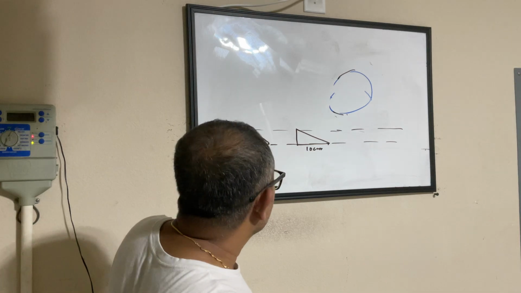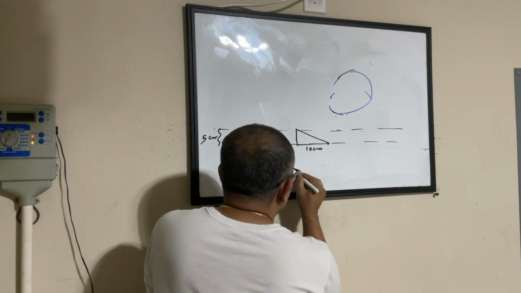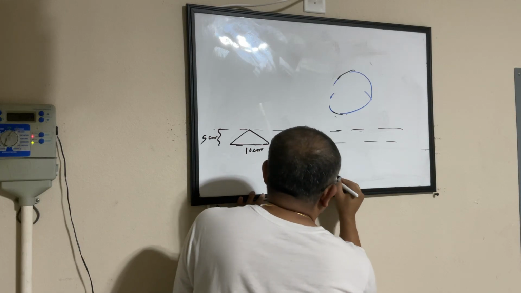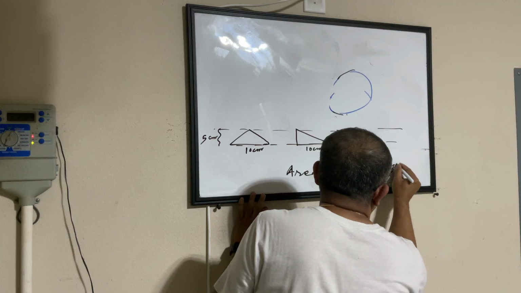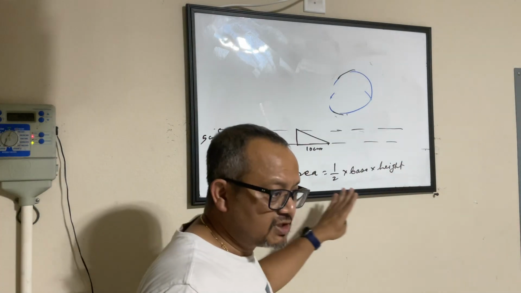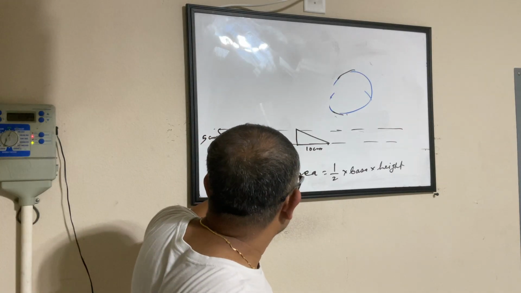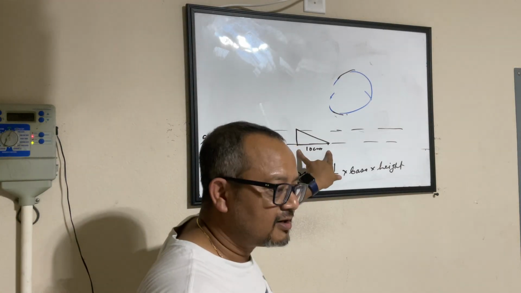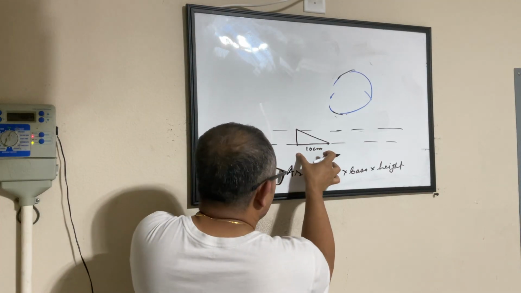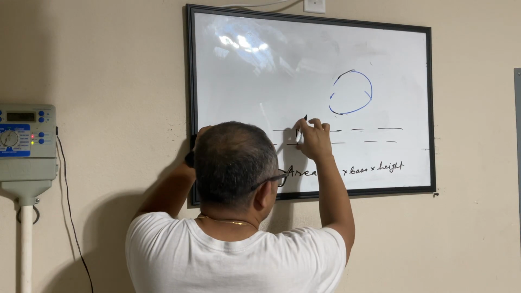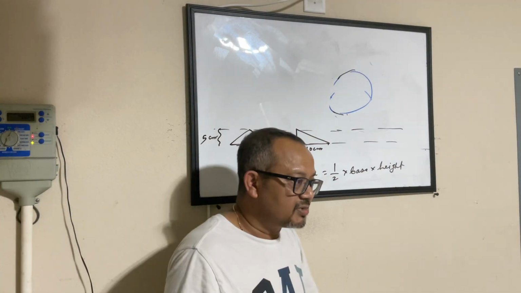Now, you guys will think that we know that area of a triangle is half into base into height. Everybody knows this formula, right? So the area of this triangle and the area of this triangle will be the same, right? Because they both have the same base and same height. Correct? But they don't look to be the same.